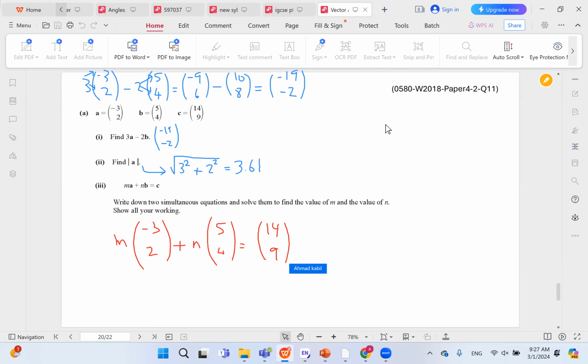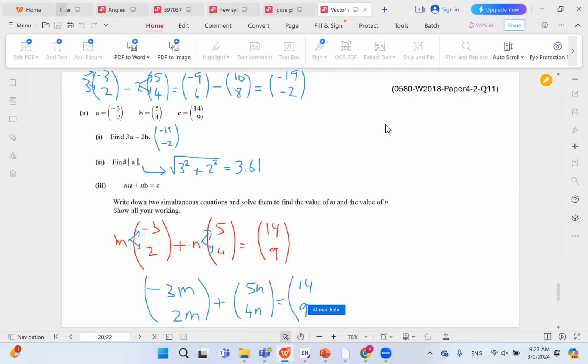We distribute the m and the n over the two values. So we get (-3m, 2m) as a vector, plus (5n, 4n) equals (14, 9).